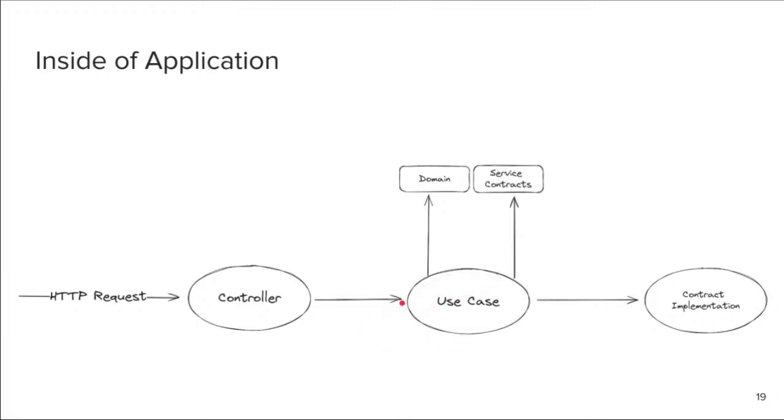So it would take this information from the request. In this case, it will get some entity from the domain maybe, and the domain is the most important part of your application, because in the domain is where the business logic lies. So in this case, the feature takes the domain, where the business logic lies, and some service contracts.